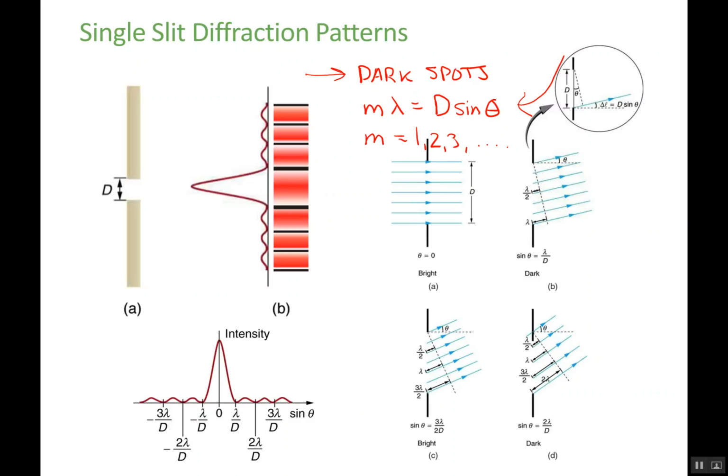So when it comes to single slit diffraction patterns, we have an equation that allows us to find the locations of the dark spots, the minima in the pattern. But there is not an equation that can easily be written down to tell us the locations of the bright spots in the pattern.